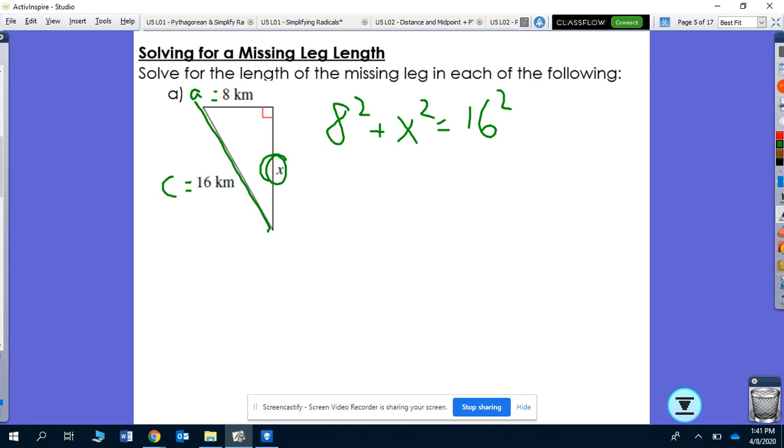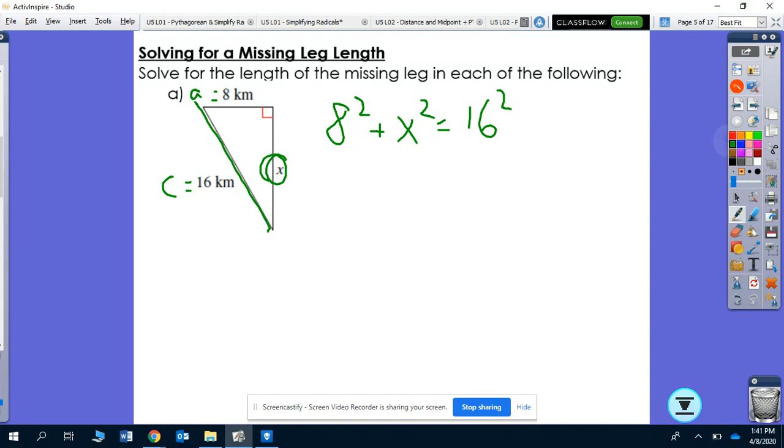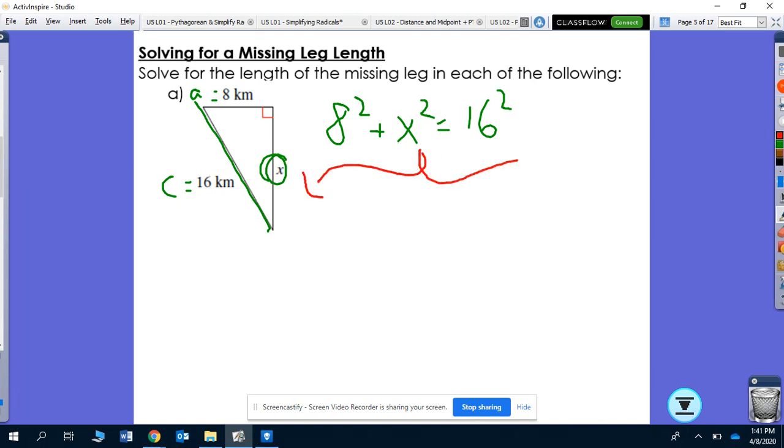We still need to solve for our missing variable, but you've got to be careful, because the next error students make is they try to solve this by adding the 8 squared and the 16 squared together. You can't. You have to think about what these values actually are. There are two ways to go about doing this. One way is a little bit faster than the other, but if you don't feel confident, you can use the other way.